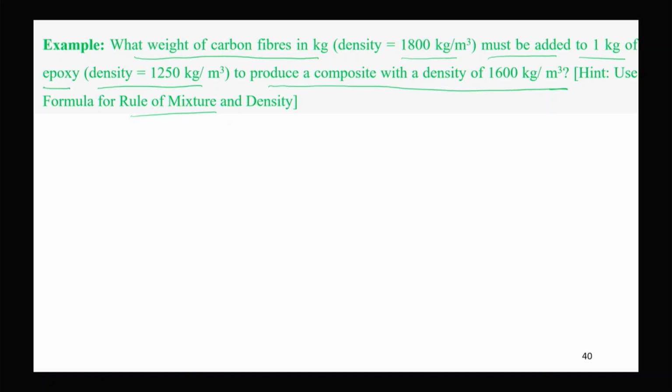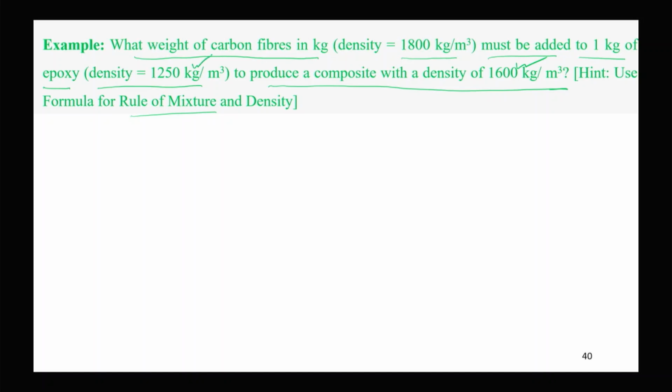to calculate the density. So fiber density is given, composite density is given, and matrix density is also given.